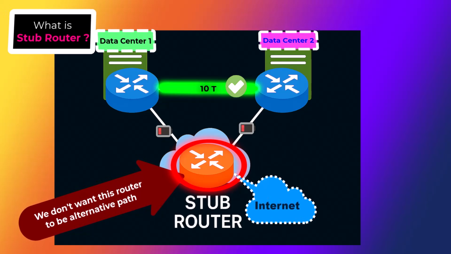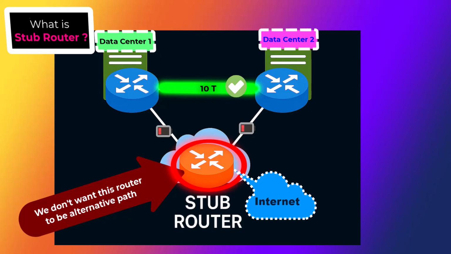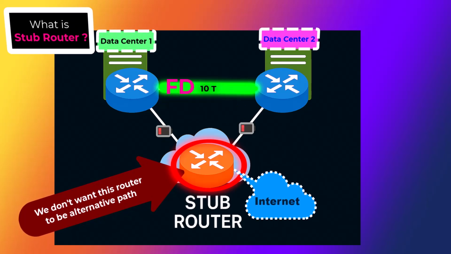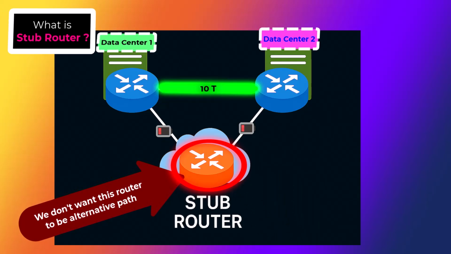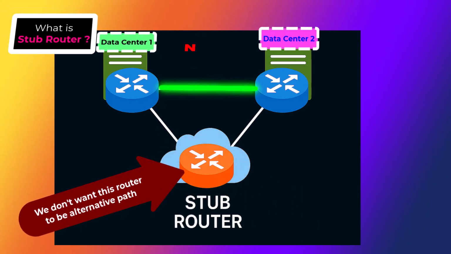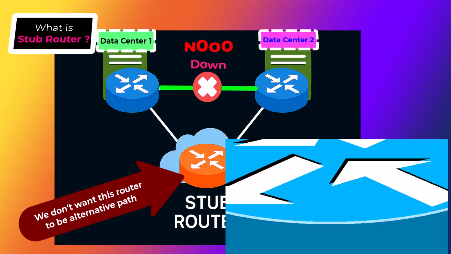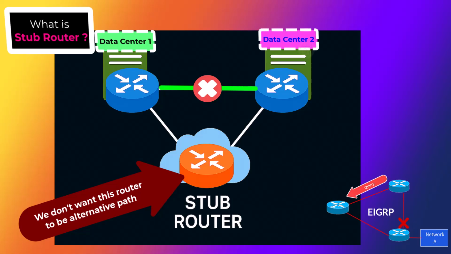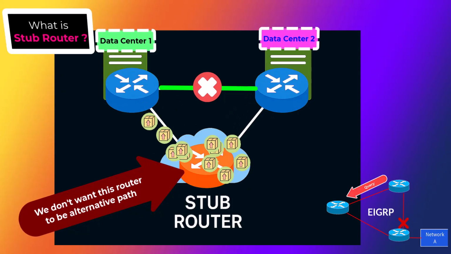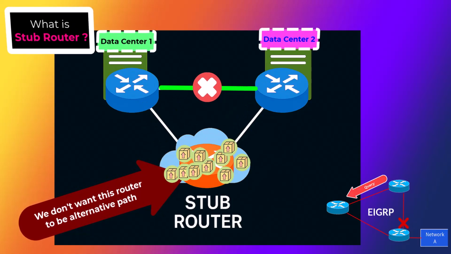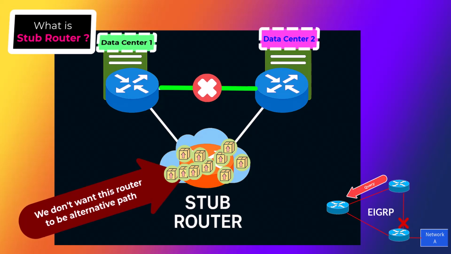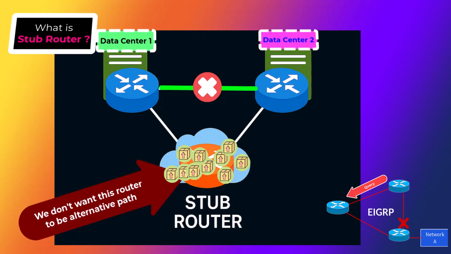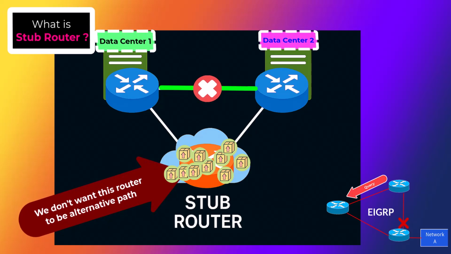So the main link is supposed to be the internal link just because of the lower metric, right? Now think about it. The main link goes down. What's going to happen? The routing table will be updated and the huge data will start flowing through the internet.